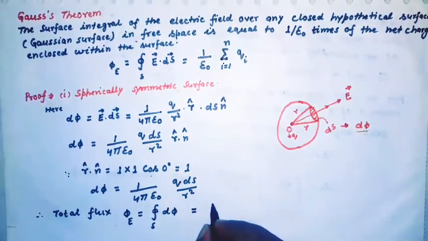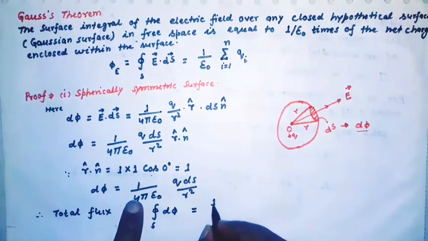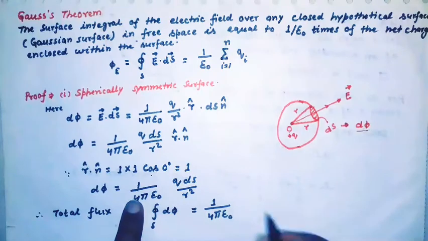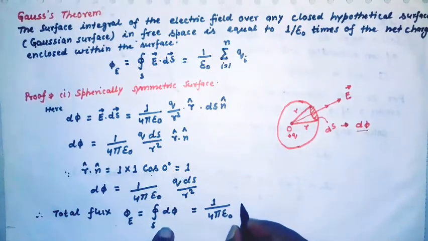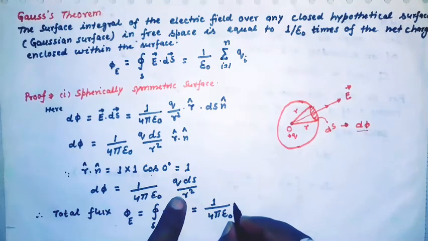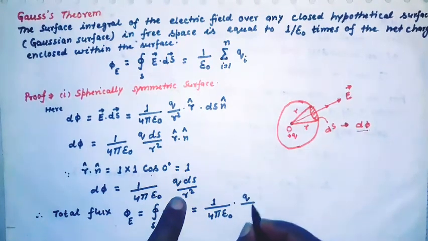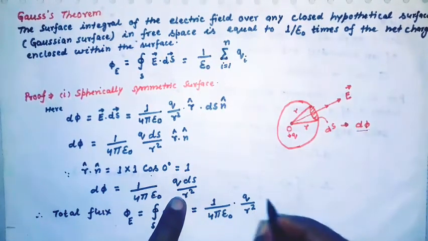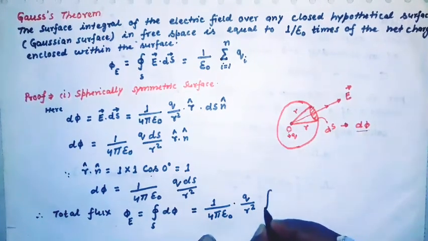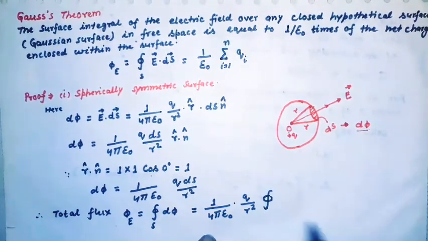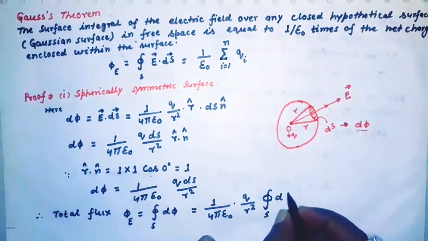That will be equal to 1 upon 4 pi epsilon naught, which is constant, so take it out from the integration. q and r square are also constants, so q upon r square. The only remaining term for integration will be ds, so the surface integral of ds.